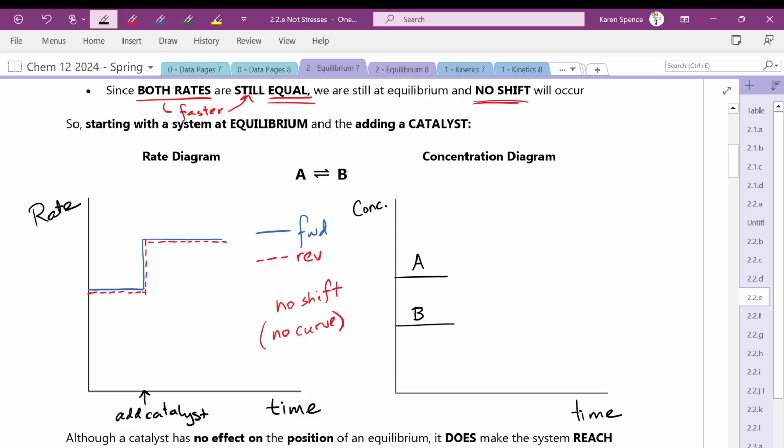And here we add catalyst. I would like you to tell your partner, what do those lines do at that point? Discuss. What do those lines do when we add a catalyst?